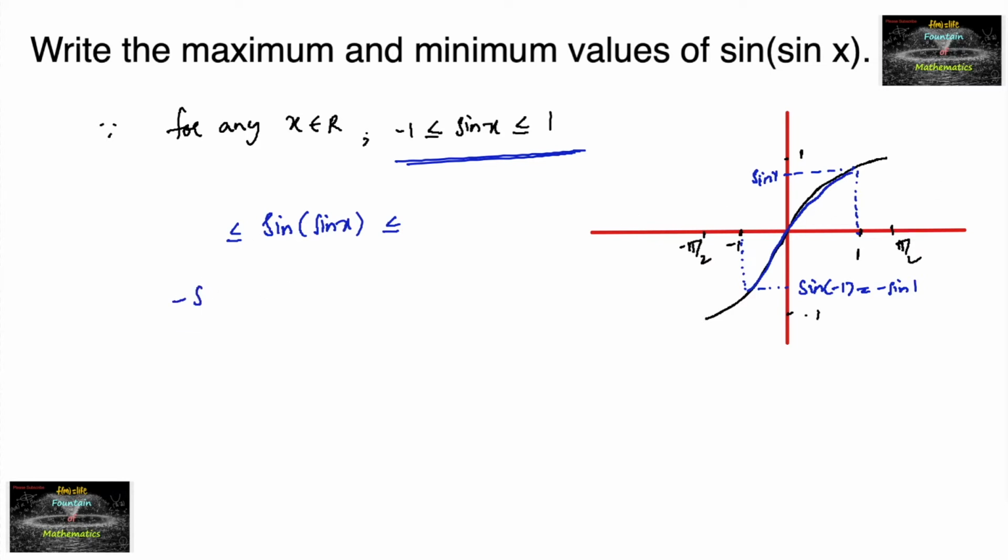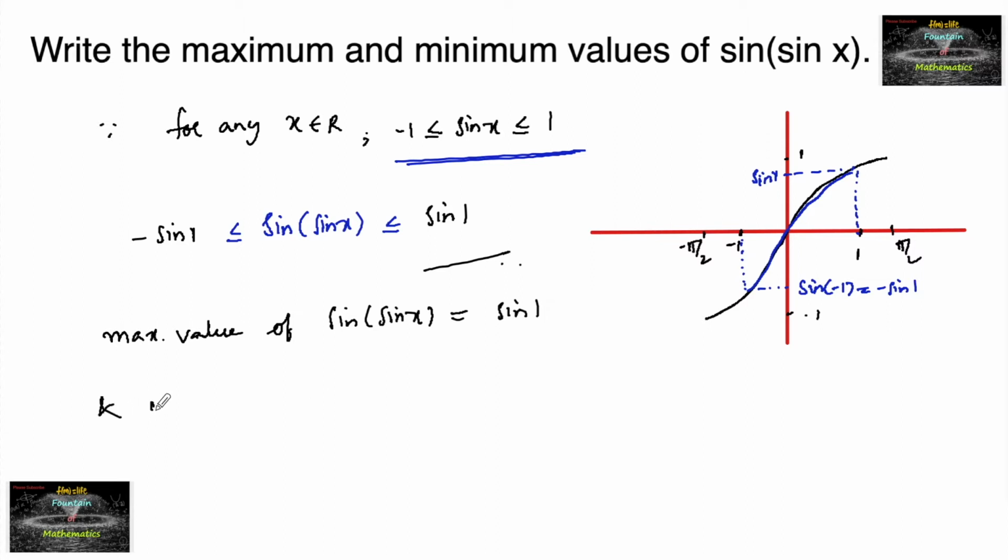So we can consider the maximum value of sin x is equal to sin 1, and the minimum value of sin x is equal to minus sin 1. So this is the answer. Okay, thank you.